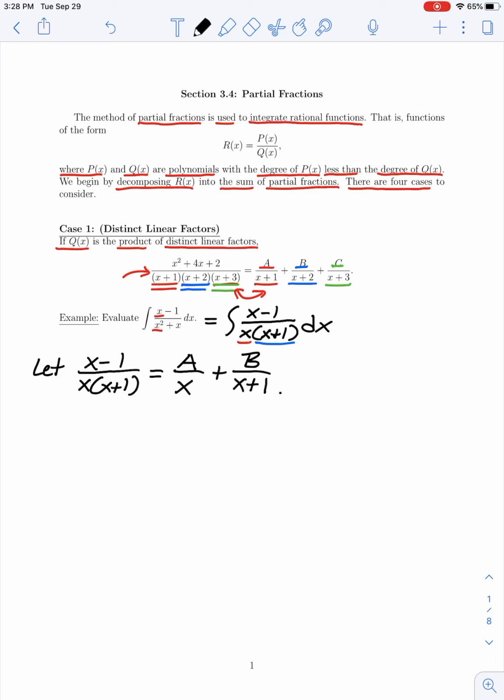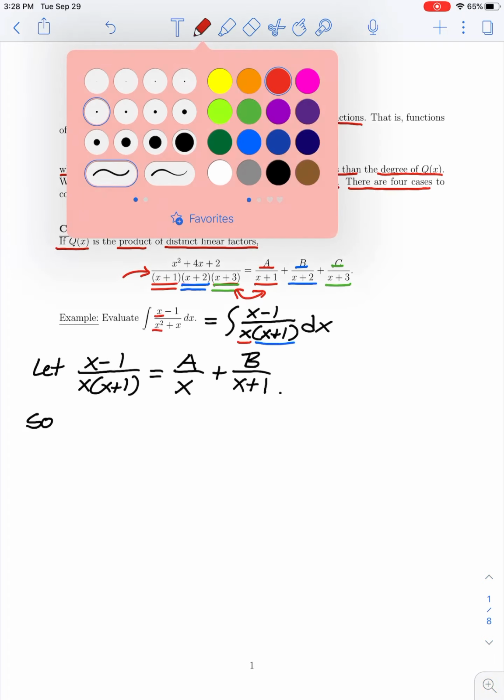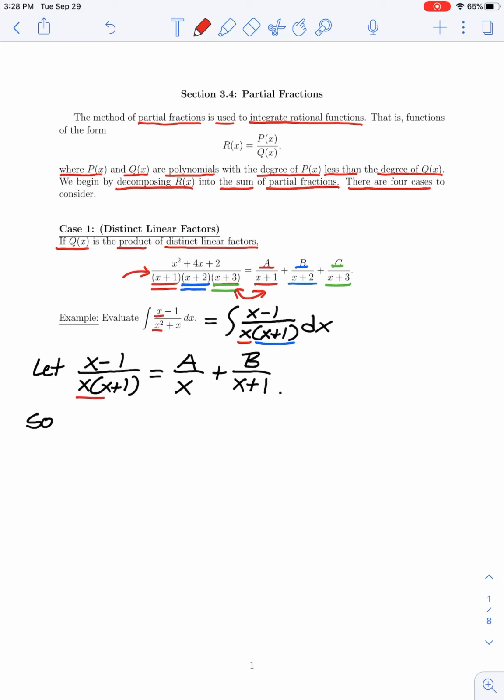To find them, I'm going to take both sides of this equation and multiply by this common denominator, that is x times (x plus 1).